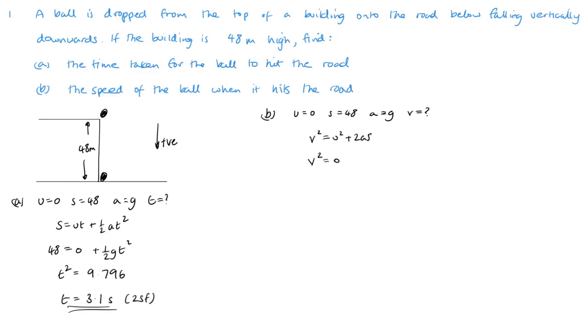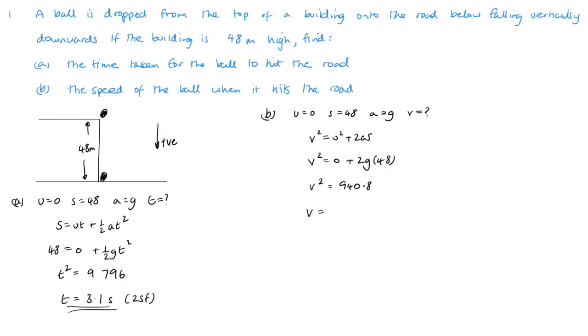So u, s, a and v, that is v squared equals u squared plus 2as. So that is v squared equals 0 plus 2g times 48. So that is 2 times 9.8 times 48. And that is 940.8.